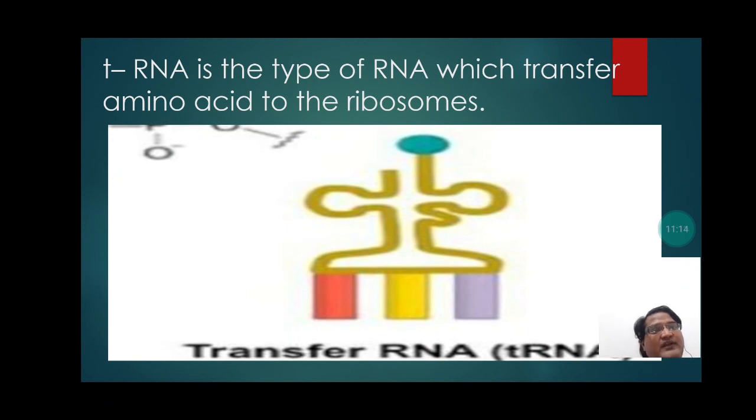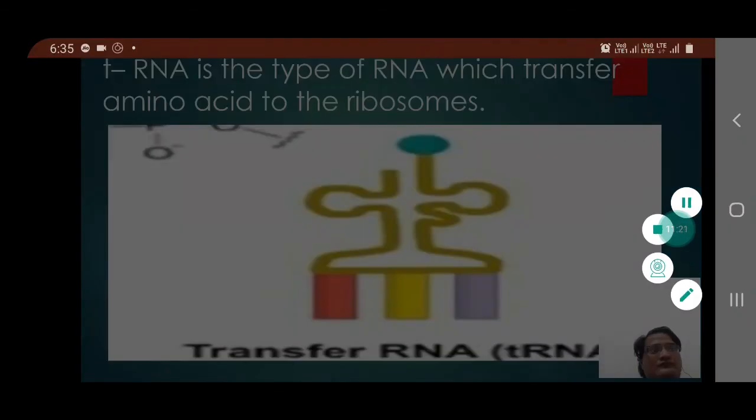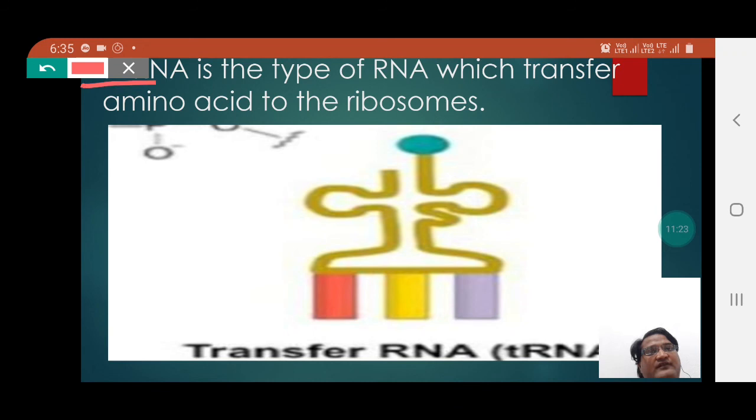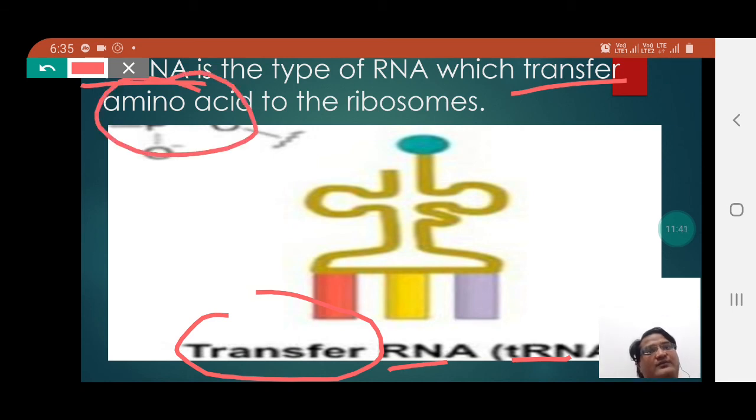tRNA is the type of RNA which transfers amino acid to the ribosome. Students, here we can notice that tRNA represents transfer RNA. It is a type of RNA, the main function of which is to transfer the amino acid to the ribosomes.